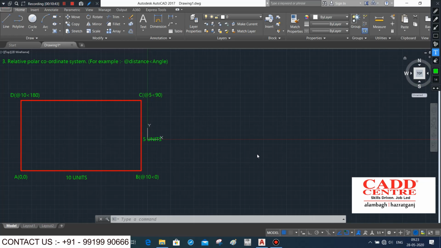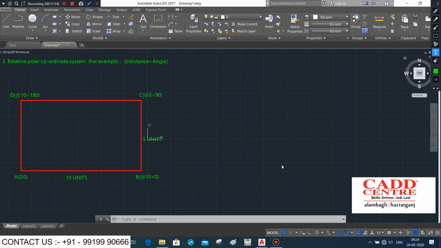Here we didn't provide negative sign because we are working on the basis of angle. To work on relative polar coordinate system, we follow anti-clockwise method for the angles. Now to join the point D with the origin, we will provide @5<270.